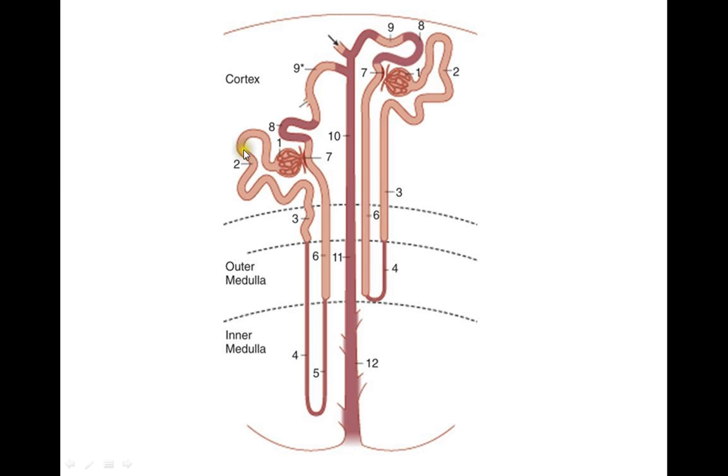Here, number 2 is called proximal convoluted tubule. Proximal because it is near to glomerulus and it is the first part of the tubular structure. Convoluted because it is not straight.